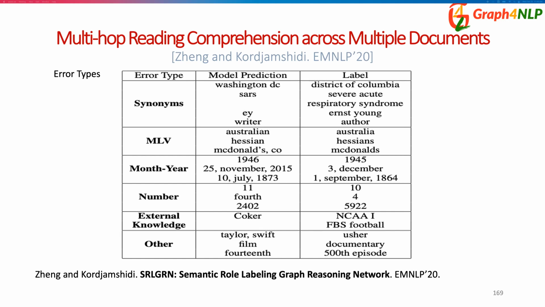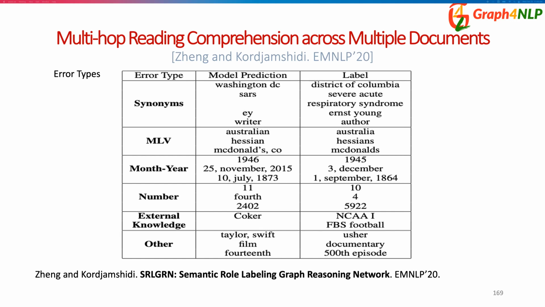Then the other kind is more of a precision issue, like for month and year numbers. Even though the values are not related to each other, because they are the same type of temporal argument, they are somehow related to each other. Then there are also missing edges that can only be added when you have external knowledge and so on.